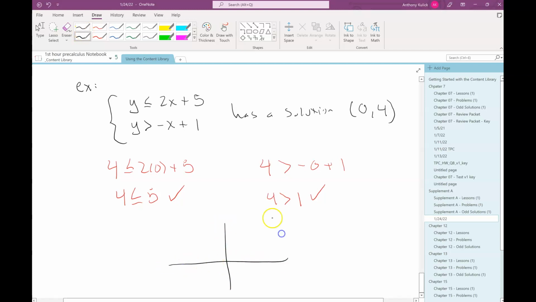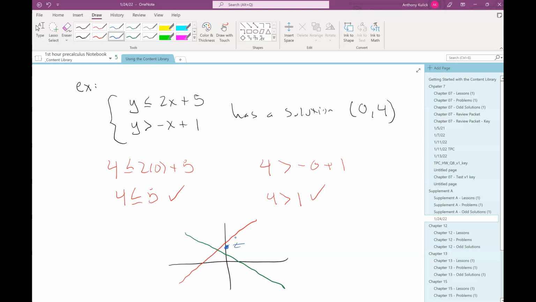But if I were actually to graph these two things, note that (0, 4) is not actually a point on either of these two lines. Right?